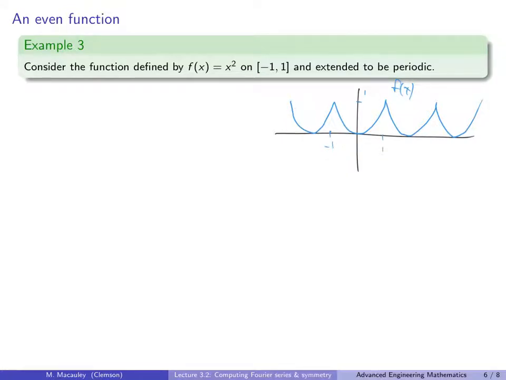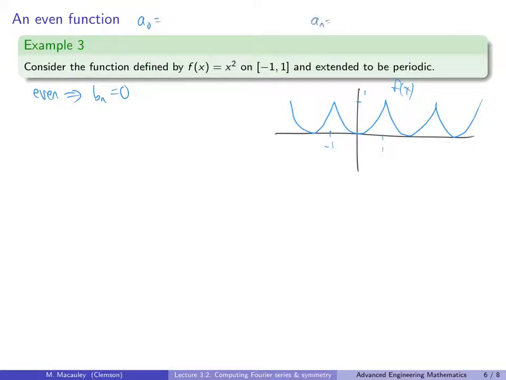Okay, so this is an even function, first of all. So we say right away that all the bn's have to be equal to 0. And now the an's, remember we have the formula. Let me do an first.